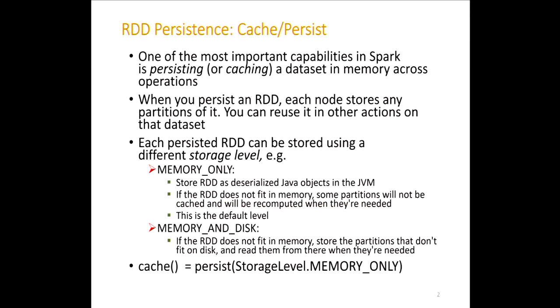So let's continue where we stopped last lecture, with RDD persistence. Persistence is a very important functionality in Spark. Like we mentioned before, all the operations keep the RDD in memory, and intermediate results do not get stored on disk, hence the speed of Spark.